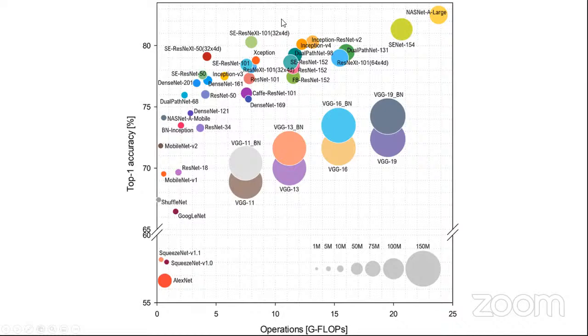Accuracy keeps increasing, but if you see the floating point operations, like gigaflops, the number of computations keeps growing exponentially, like 100 million flops per second. You see how compute intensive all these tasks are.